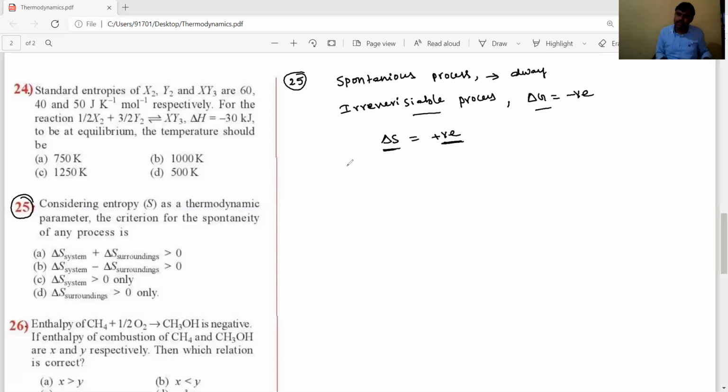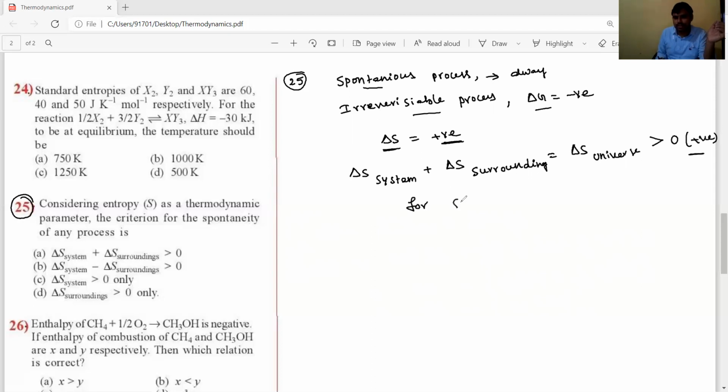The delta S for universally occurring processes, all are spontaneous processes, then the delta S of the system plus the change of entropy of the surroundings is equal to the delta S of the universe, which is always positive for a spontaneous process.